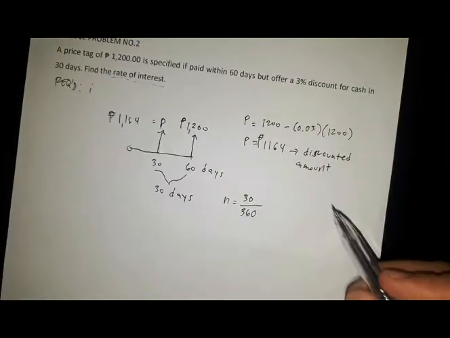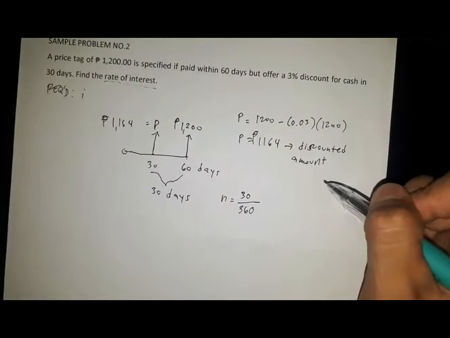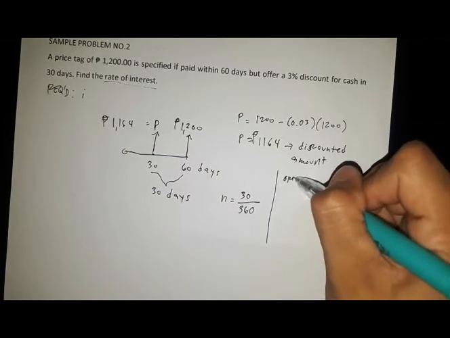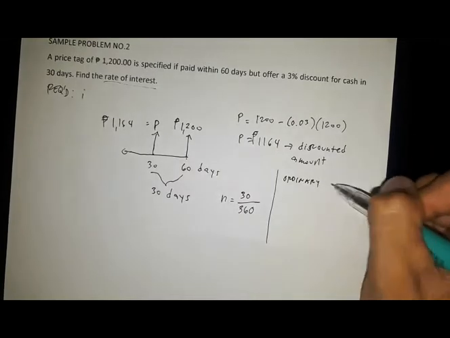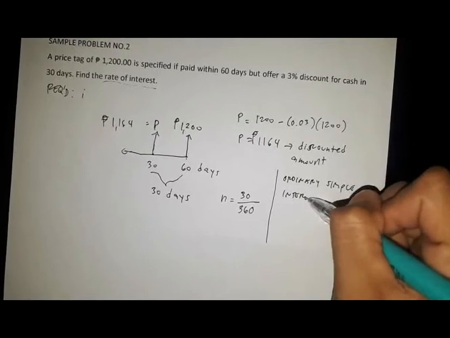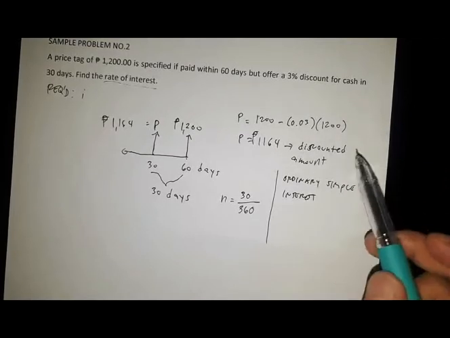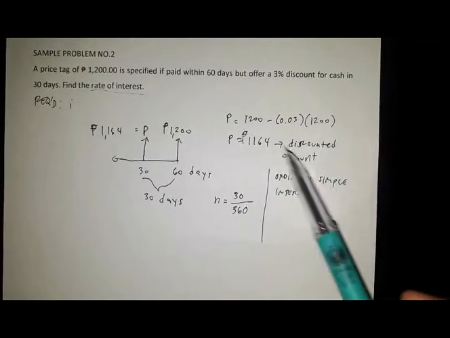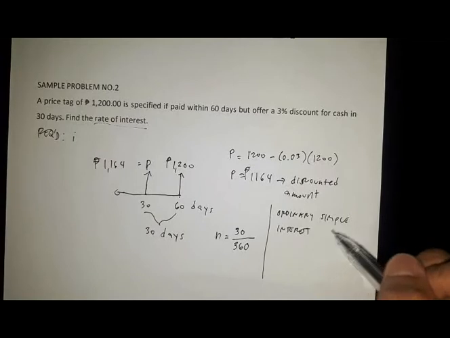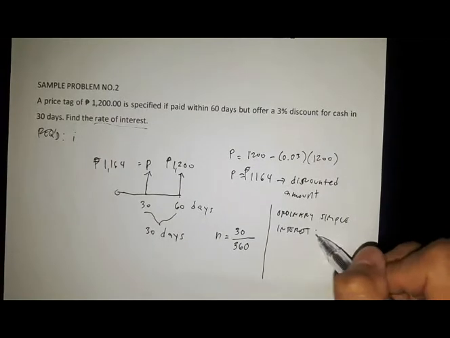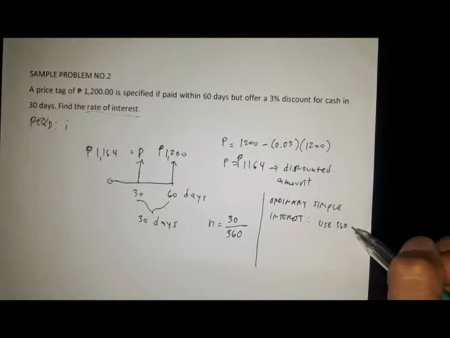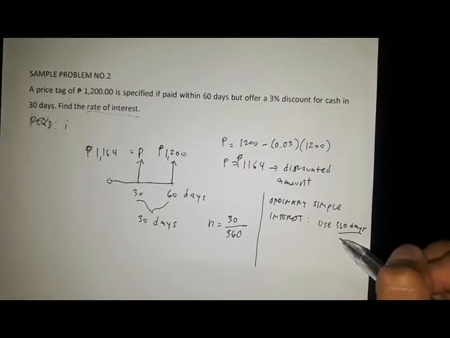We have two types of simple interest. We have the ordinary simple interest: if the dates are not given, we use 360 days per year.